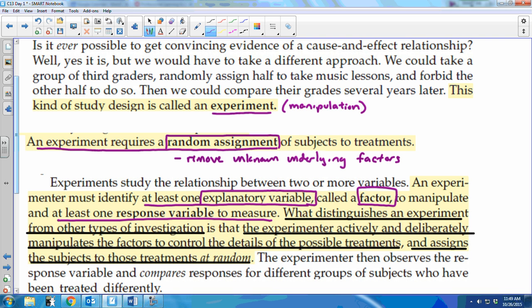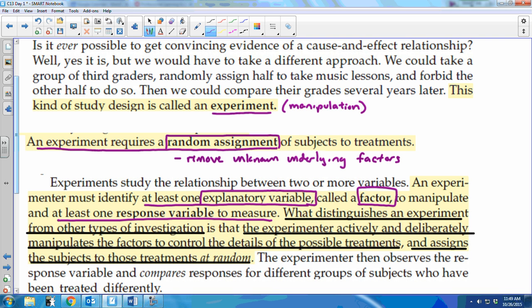So in my plant experiment, the factor is the amount of sunlight. That's what I'm manipulating, right? And then the response variable is going to be the growth, so how tall the plant is or whatever at the end. Everyone understand what a factor is? Response variable.